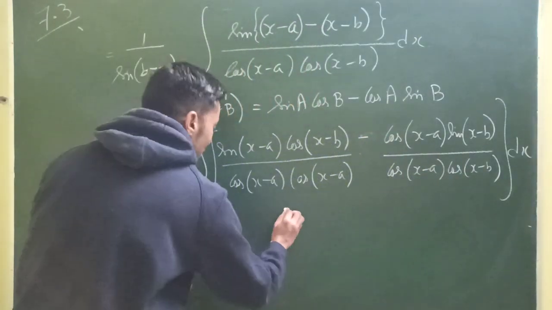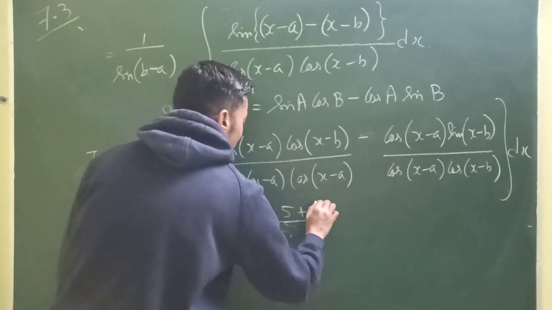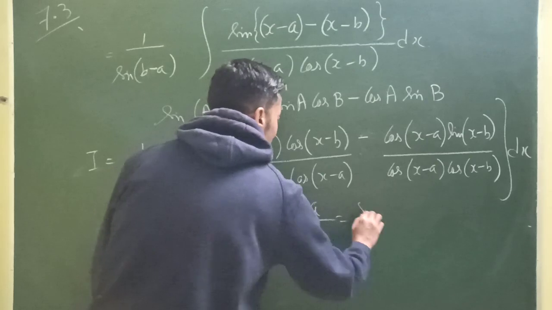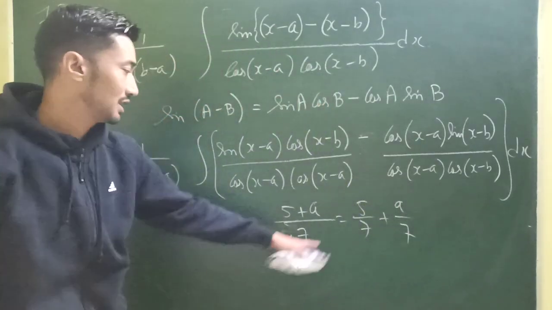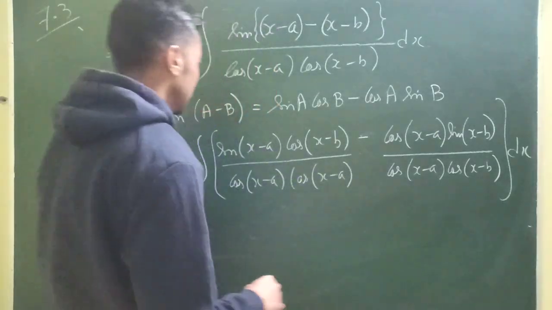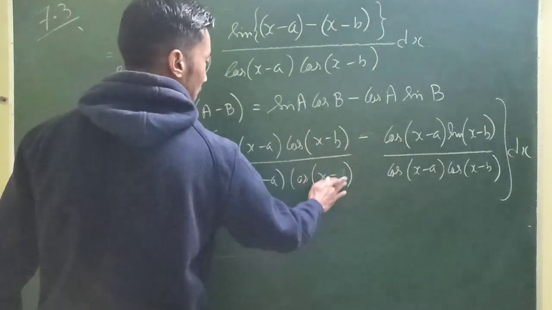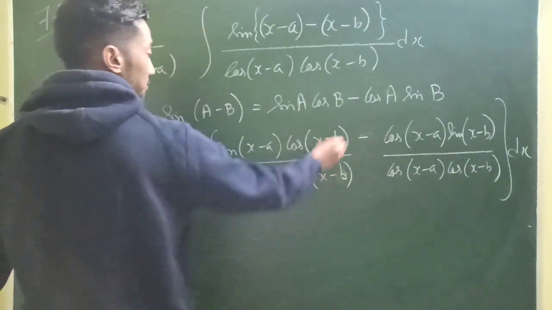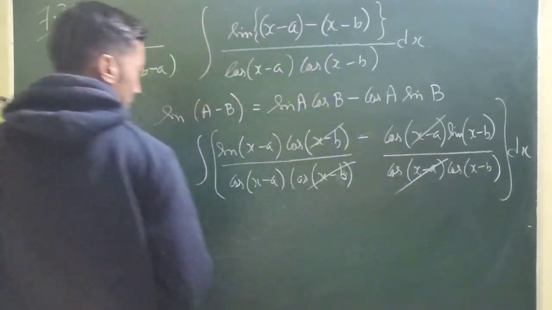I'm just doing something like 5 by 7 plus a by 7, writing it directly to save some time. I'm also getting tired now. This one done. This one done.